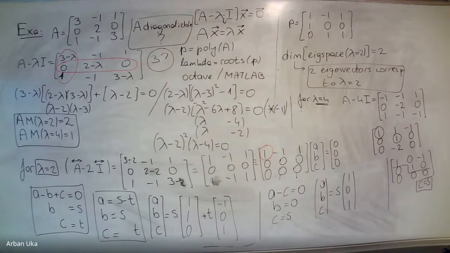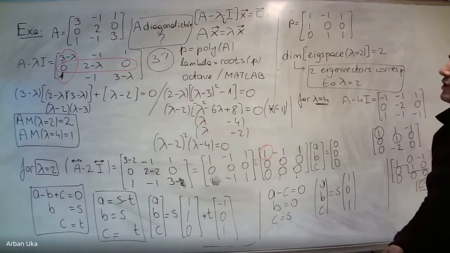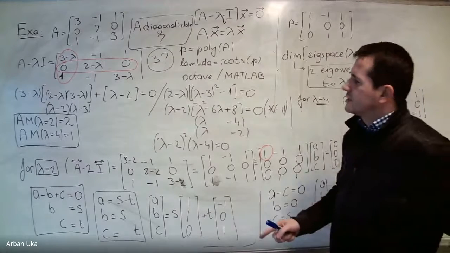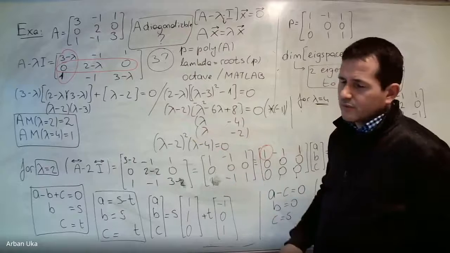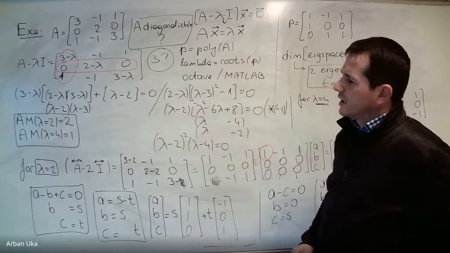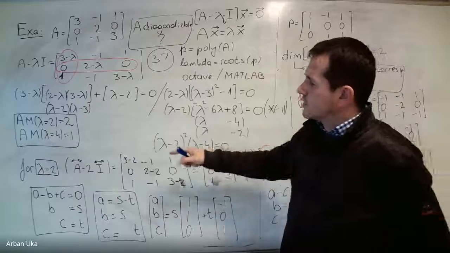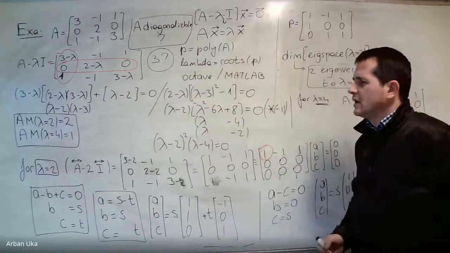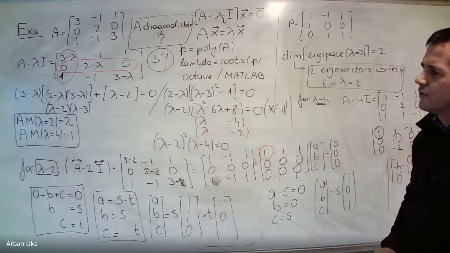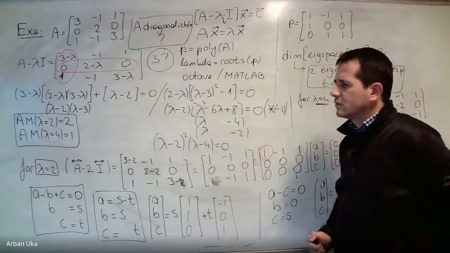So, the initial question, whether A is diagonalizable or not, we started to analyze it. We found the characteristic polynomial. The characteristic polynomial of order 3 has two solutions. One is lambda 2 with algebraic multiplicity equal to 2, and one eigenvalue equal to 4 with algebraic multiplicity equal to 1.